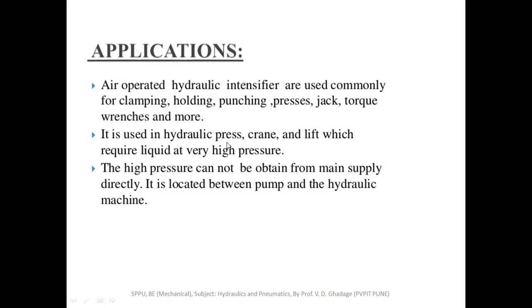It is used in hydraulic press, crane, and lift, which require liquid at very high pressure. The high pressure cannot be obtained from the main supply directly. It is located between the pump and the hydraulic machine.